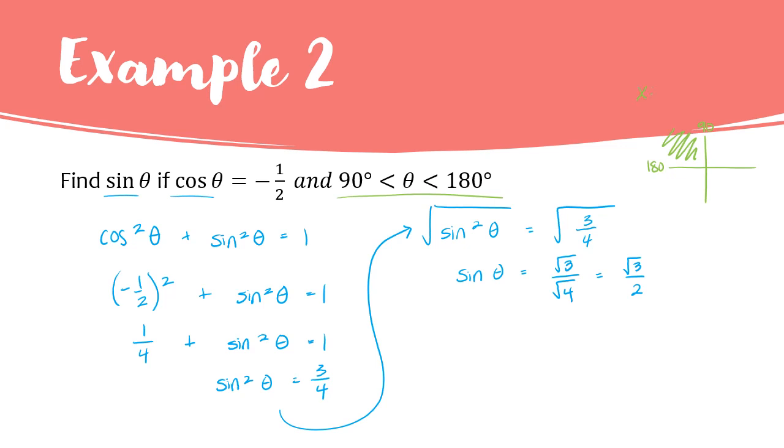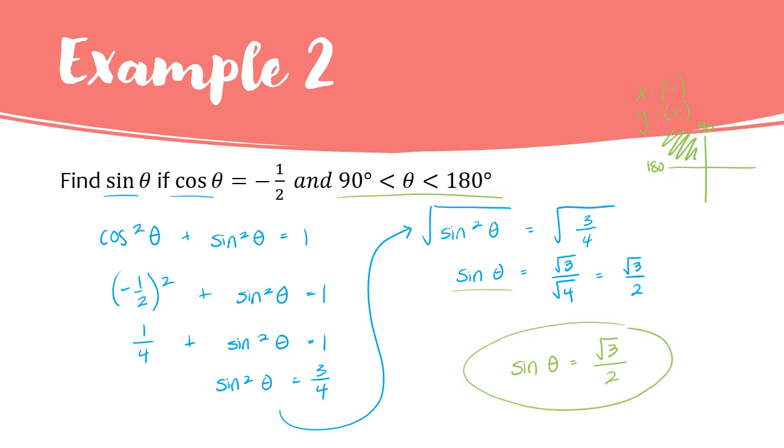X coordinates over here are negative, but y coordinates are positive. So remember, what is sine? Is sine an x coordinate or a y coordinate? On our unit circle, sine is always the y coordinate. So that tells me that my answer in this case should be a positive value. So we would write as our answer that sine of theta is equal to the square root of 3 over 2.